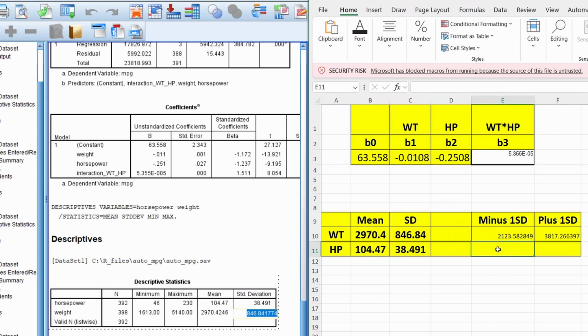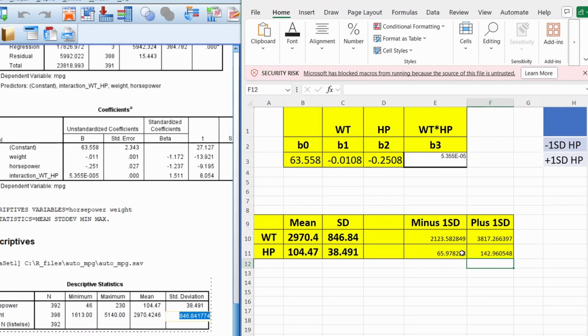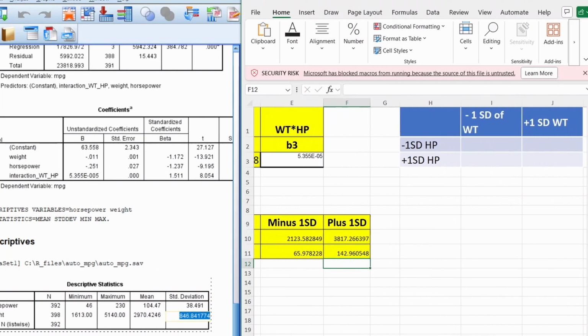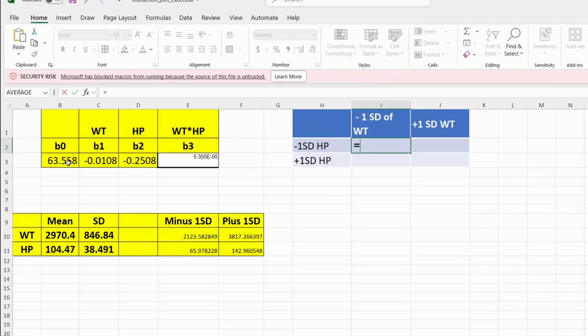Similarly, we're going to do the same thing: the mean here, the mean minus this one, and then the mean plus this one. So we got 4 values, and with 4 values, we're going to create 4 data points to plot.